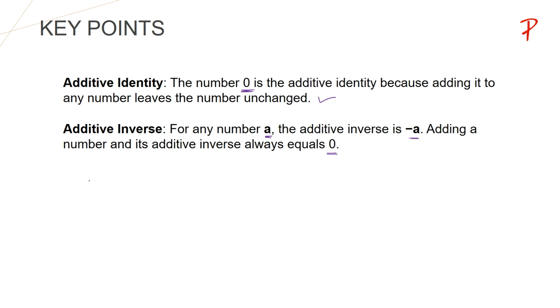So for additive identity, let me write it down. 0 is called additive identity because when you add 0 to any number, the result is the original number or the same number, right? And now I will write additive inverse.